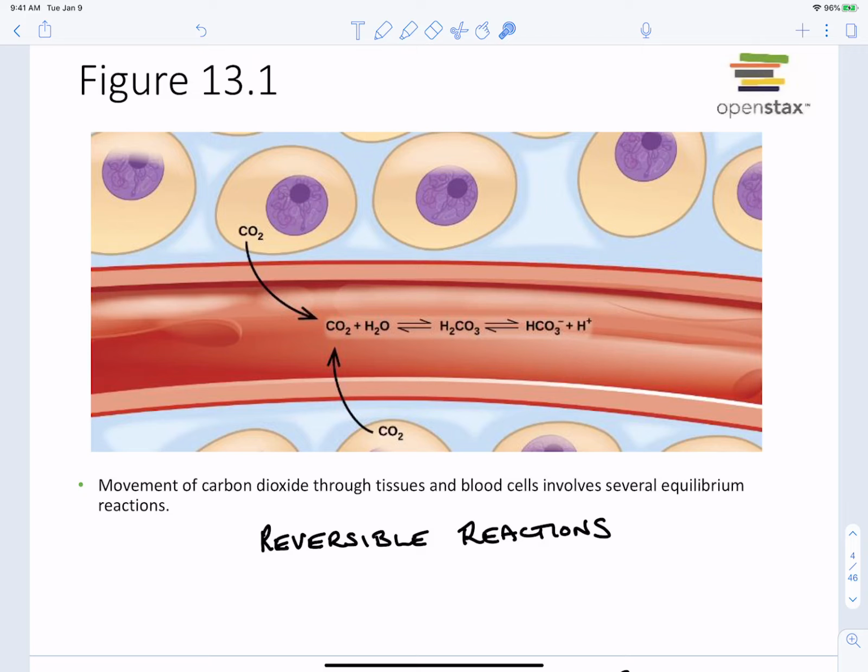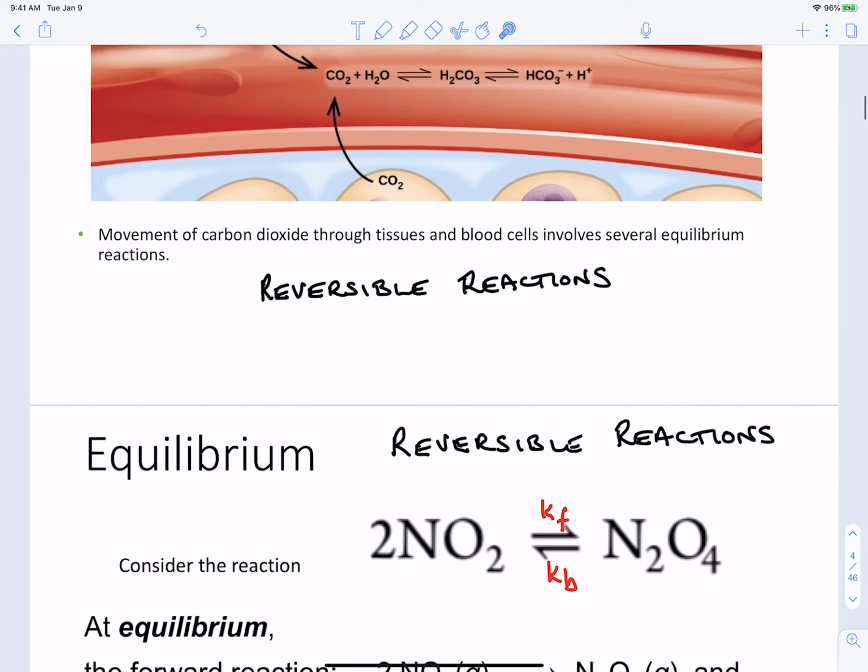Then this carbonic acid breaks down and produces bicarbonate and H+ ions. Exactly the same thing happening: CO2 gas, CO2 aqueous, reversible reaction into an acid. So there are several equilibrium reactions that happen in the blood as well as the human body.